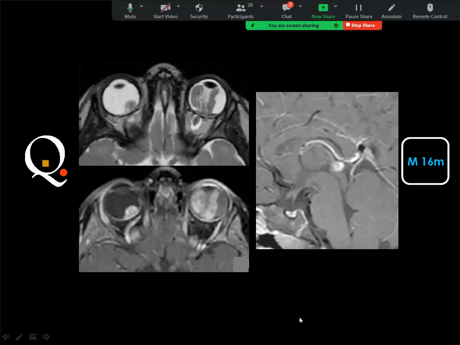Okay, the next case is a male 16 months old with MRI T2 and T1 post contrast with fat sat and another section at the level of the sella.